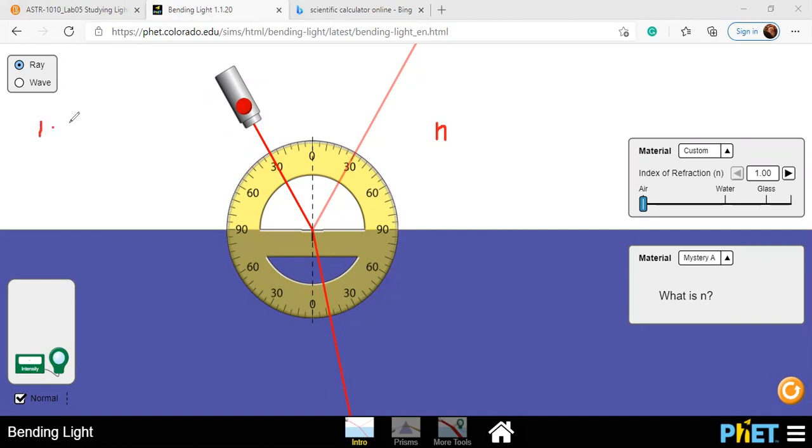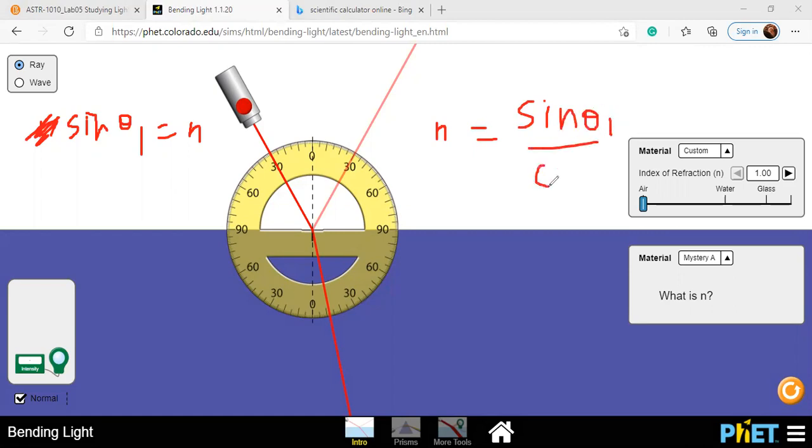And this is air, so 1 into sine theta 1, you can ignore this one. For n2, you just say n, then sine theta 2. So I can write n equal to sine of theta 1 divided by sine of theta 2, right?